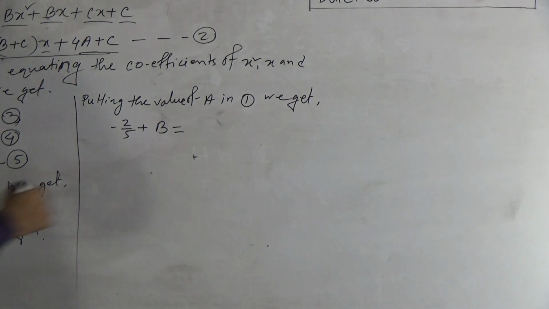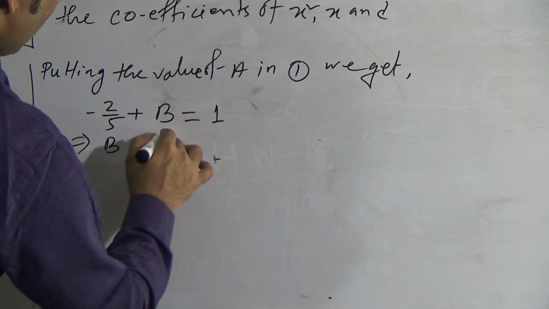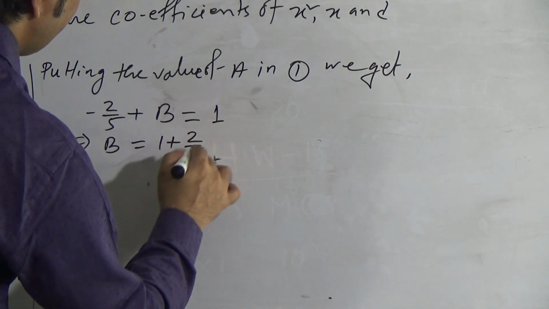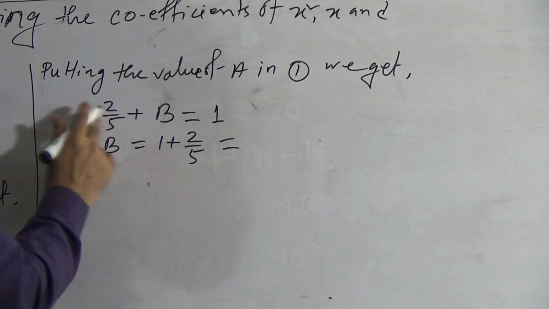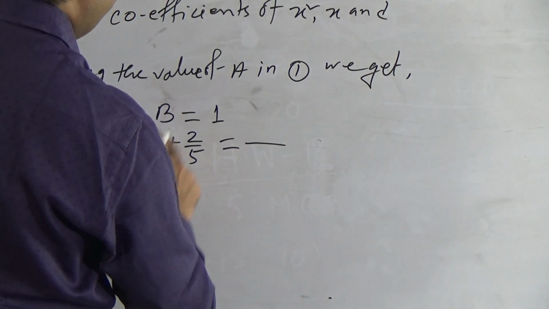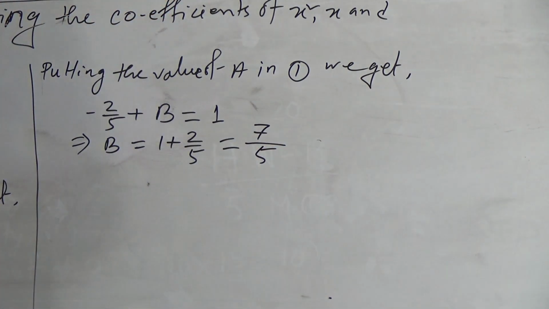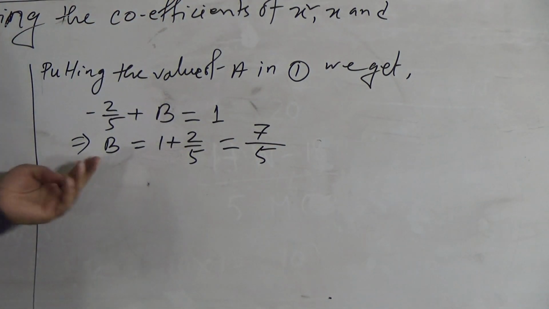So we get b equal to 1 plus 2 by 5. When we change the side, this will be positive. So that will be equal to 7 by 5. Now I have determined the value of b.